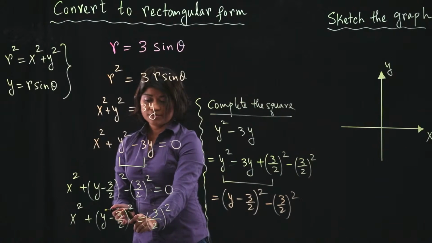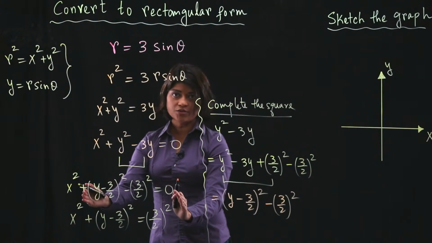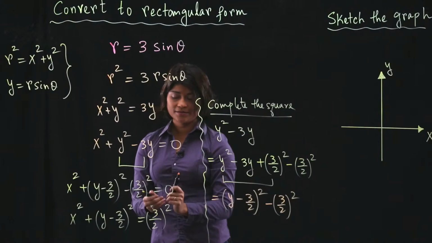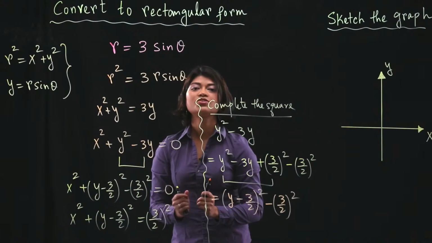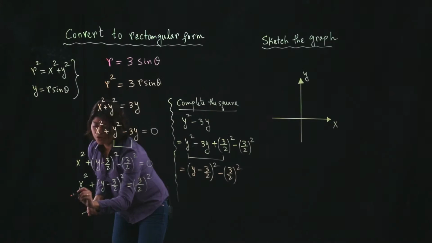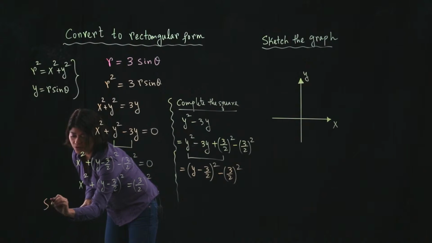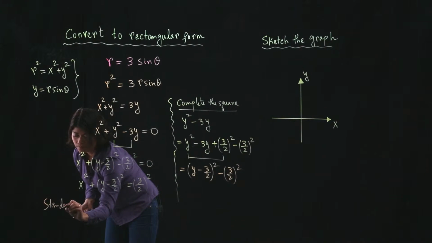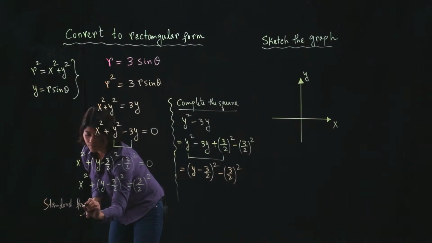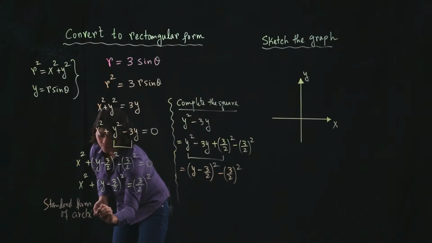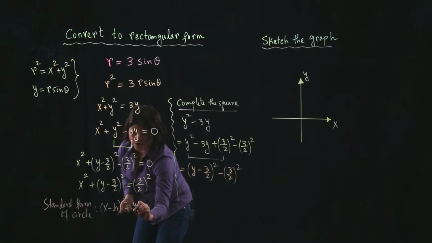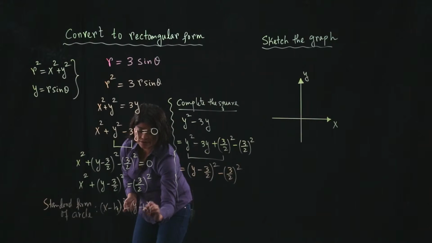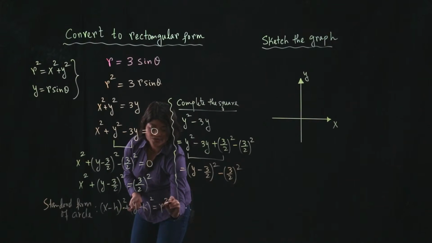Look at this equation and recall, what will the graph represent? Well, do you see that it's a standard form of a circle? Note that a standard form of a circle is x minus h squared plus y minus k squared is equal to r squared.